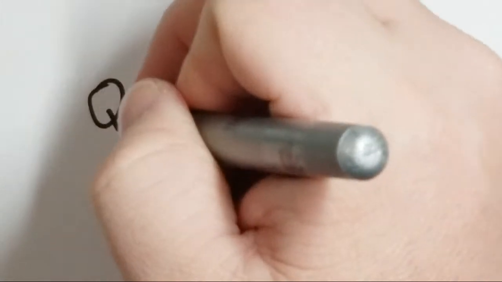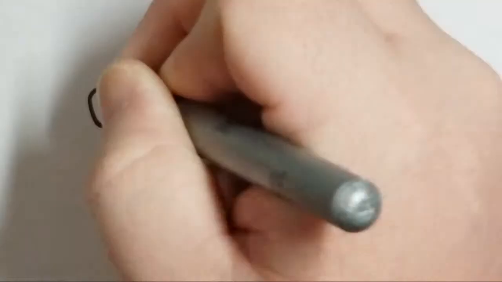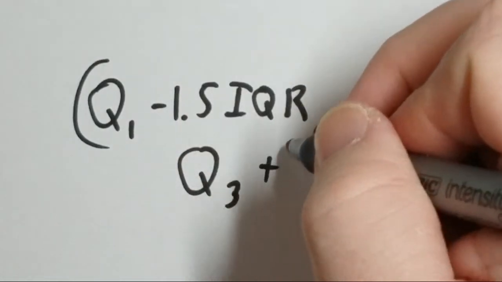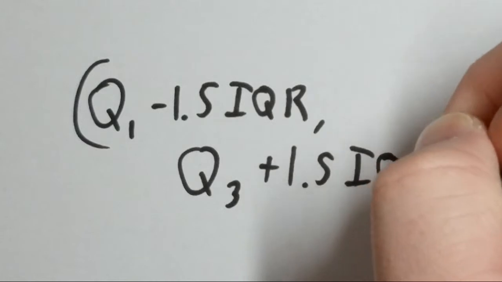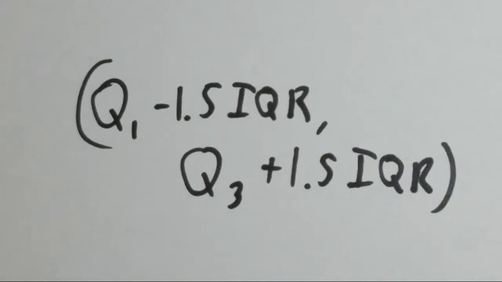If you wanted to, you could utilize the following formula. If you had a calculator, you could easily get the numbers for this. Basically, any data point that falls outside this range is considered to be an outlier.